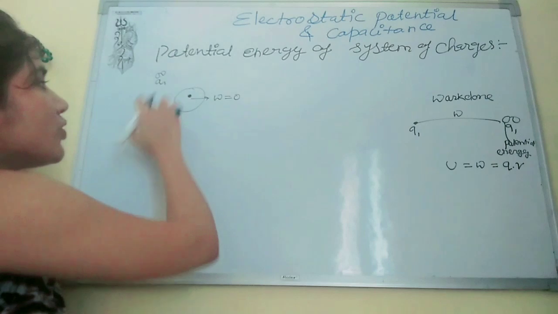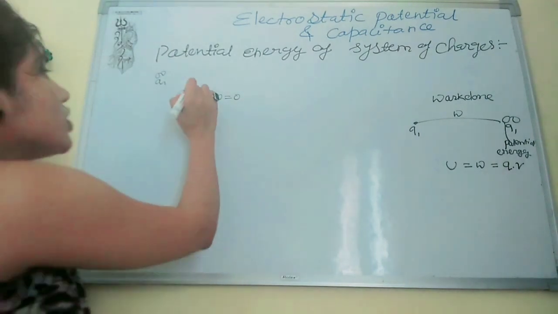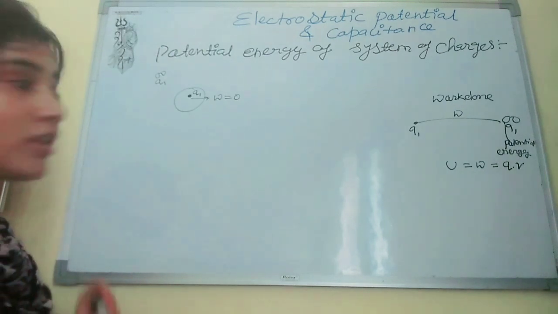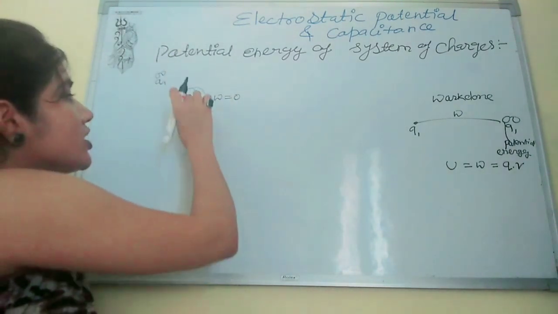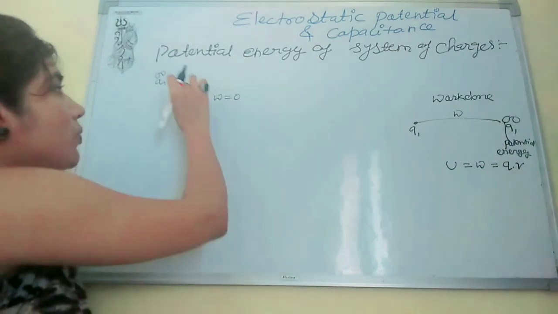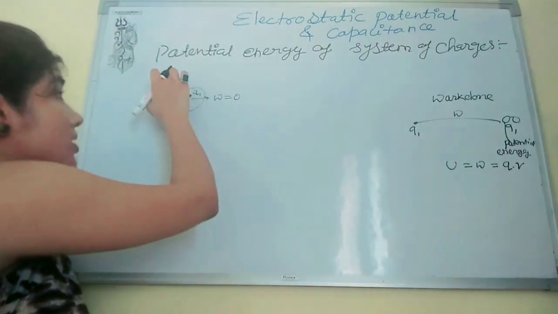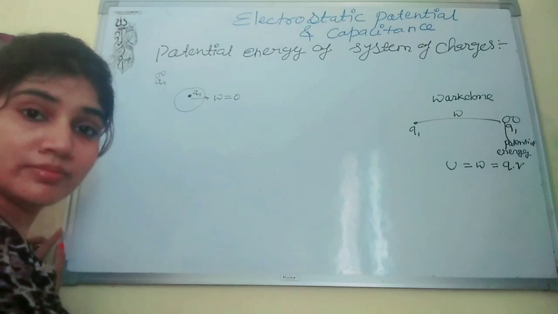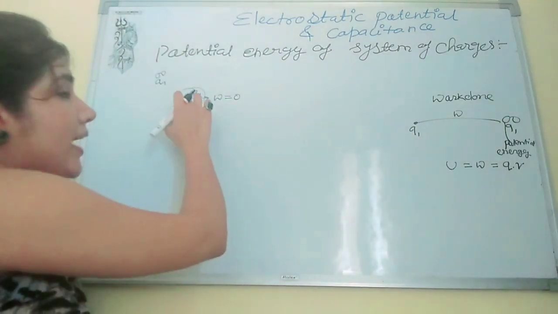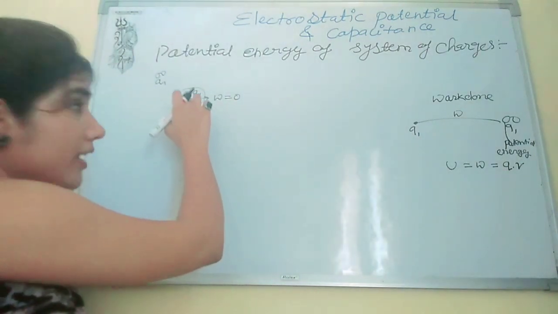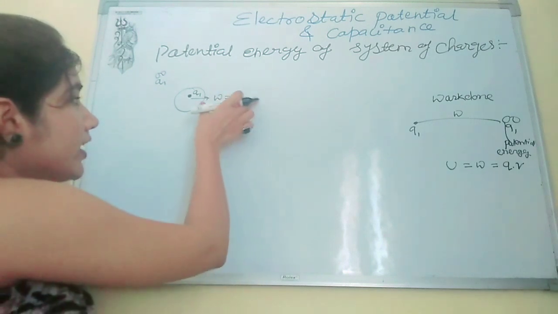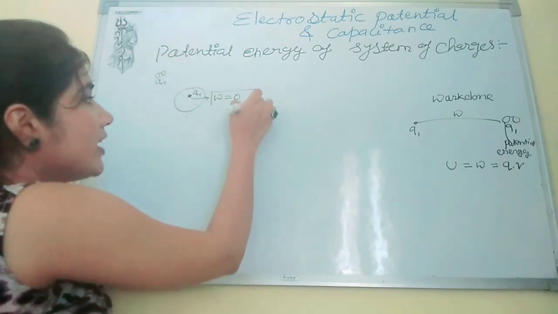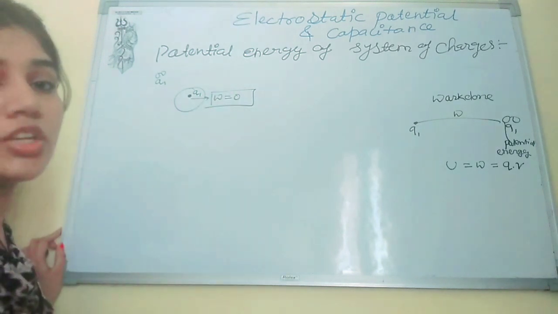Because in this region there is no charge placed. So we can smoothly bring this Q1 from infinity to this point. No charge will have any effect on this charge, so we are not putting in any effort, and the work done will be 0 in this case.